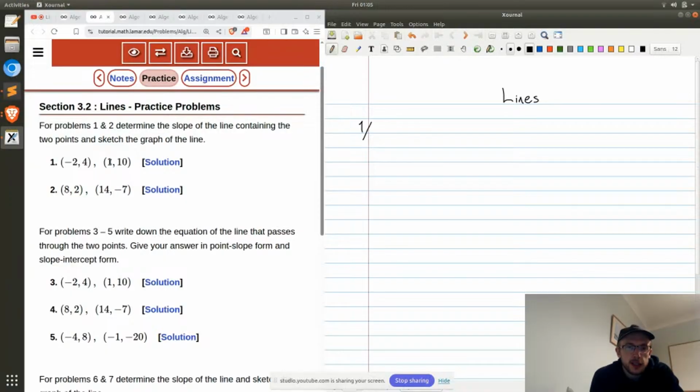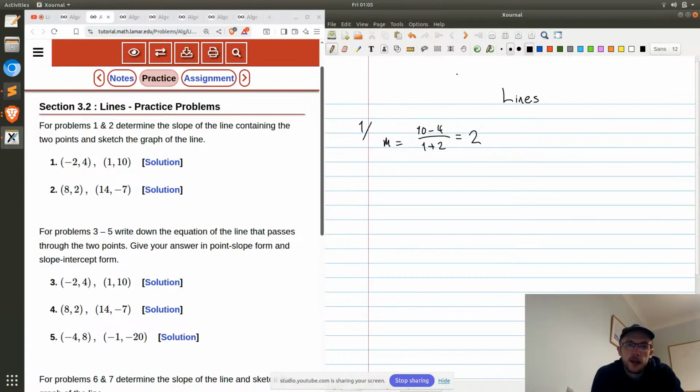And you can do that with 2 points by dividing change in the y coordinates by the change in the x coordinates. So in other words, the gradient whose symbol is m equal to, in this case, 10 minus 4 over 1 minus 2, so 1 plus 2, which is of course equal to 6 over 3, which is 2.